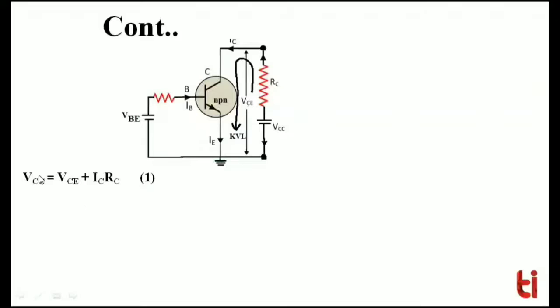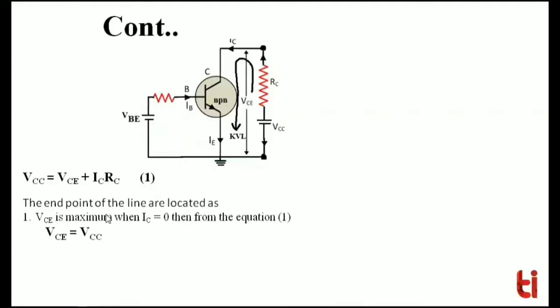This DC load line has two endpoints, and these two endpoints will be calculated in two steps. In the first step, VCE is maximum when collector current is 0.